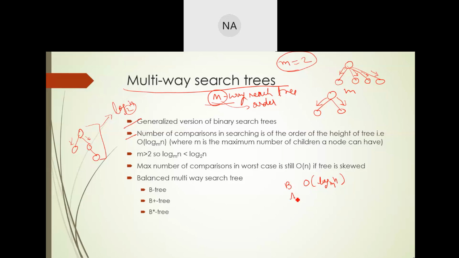When m is greater than 2, log n base m is smaller than log n base 2. So the complexity of searching in a binary search tree is log n base 2, and in a multi-way search tree of order m it is log n base m, which is smaller. Obviously, the m-way search tree is better than the binary search tree.